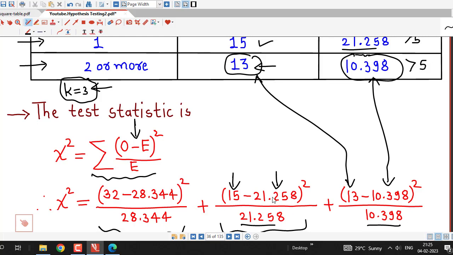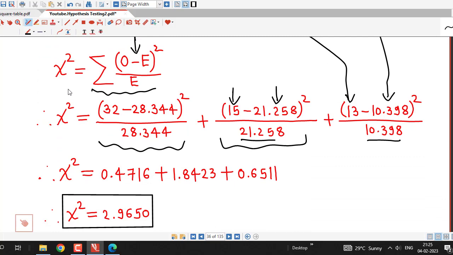So the number of terms in the formula of the test statistic must be equal to the number of categories, which are 3 here. I have calculated all these things using a scientific calculator up to 4 decimal places, and I find that the value of the test statistic is 2.9650.